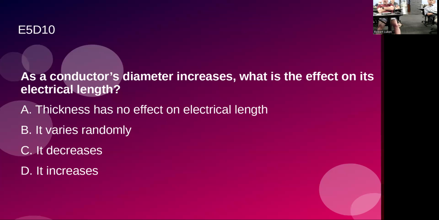Remember, the electrical length is different than the physical length. It has to do with the velocity factor of how fast a wave moves through that conductor, which is a function of its dielectric.